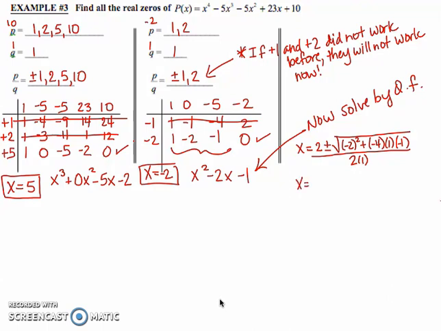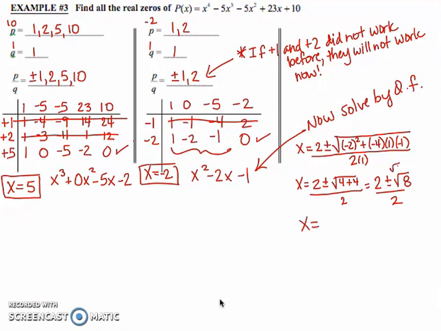So now I simplify. This is 2 plus or minus the square root of, this is 4 plus negative 4 times 1 times negative 1 is 4. So 4 plus 4 all over 2, which is 2 plus or minus the square root of 8 all over 2. And square root of 8 can be simplified, right?